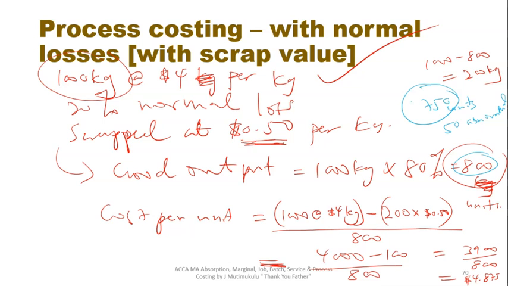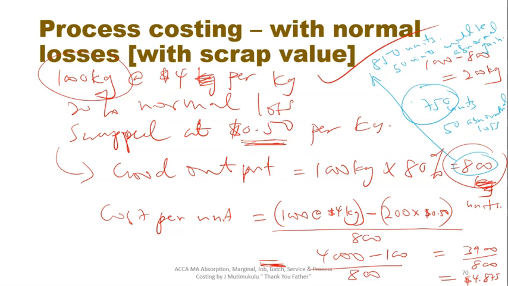Okay, or what if we had produced 850 units instead of 800 after factoring in the normal loss? It means the 850 minus 800, 50 units, would be abnormal gain.